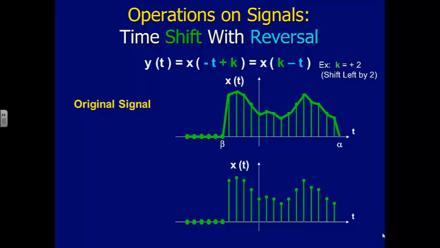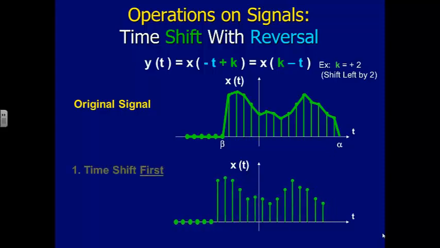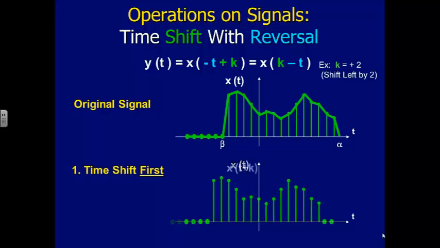The easiest and most straightforward way to remember to do this is to first do the time shifting that's implied. So here, if our k was a positive 2, implying a time shift to the left by 2 spaces, we would first apply that to our x of t waveform.